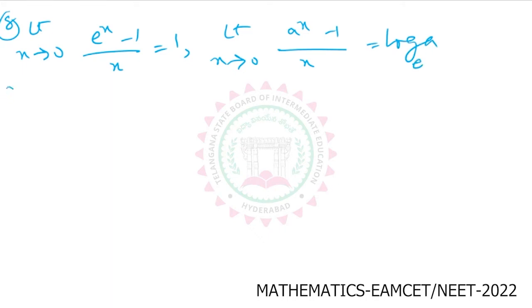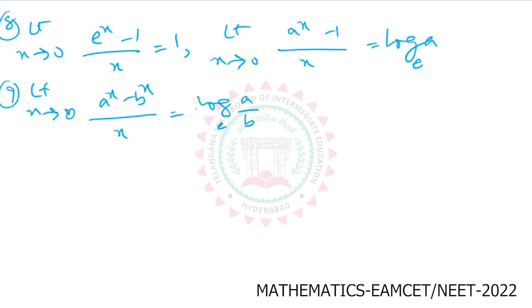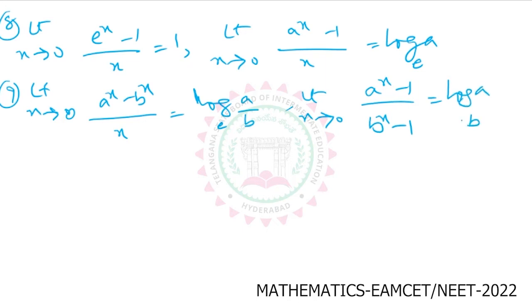Limit x tending to 0, a power of x minus b power of x divided by x is equal to log a by b to the base e. Limit x tending to 0, a power of x minus 1 by b power of x minus 1 is equal to log a to the base b. Okay. So these are the standard limits.